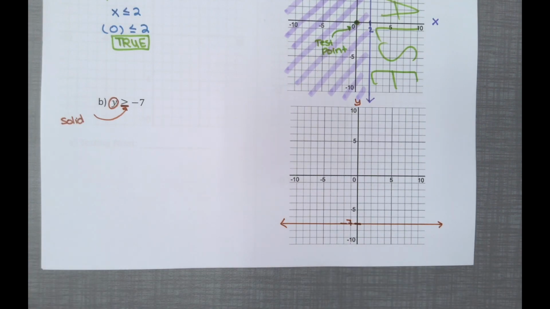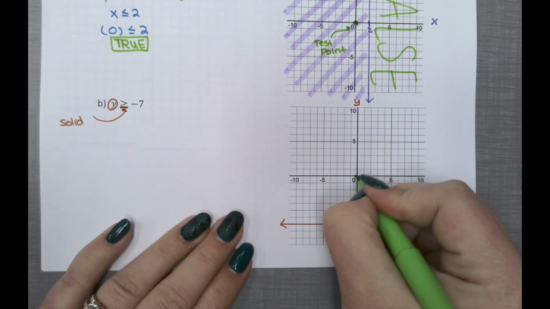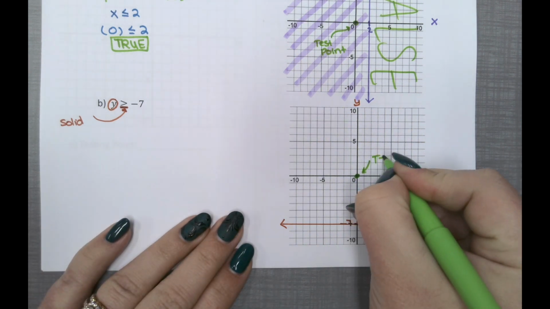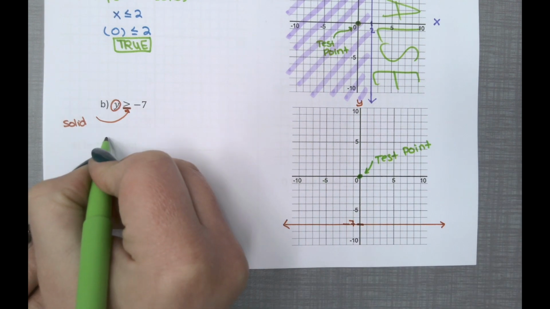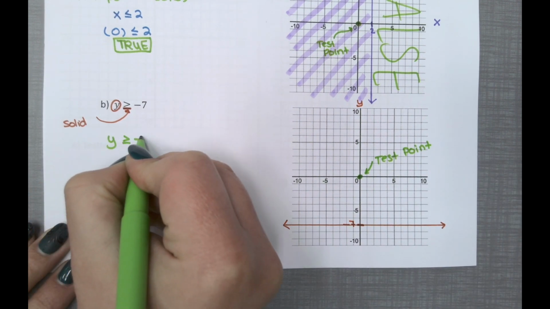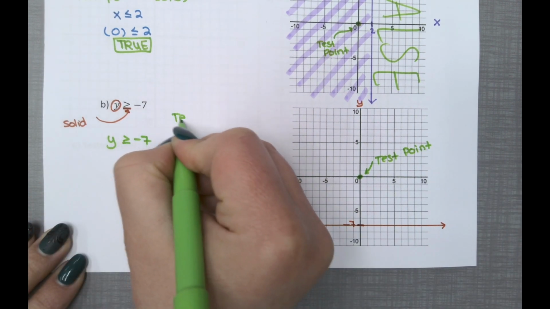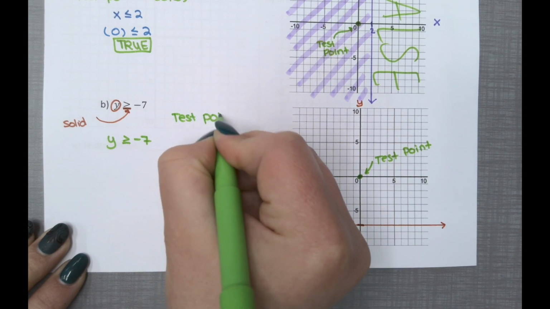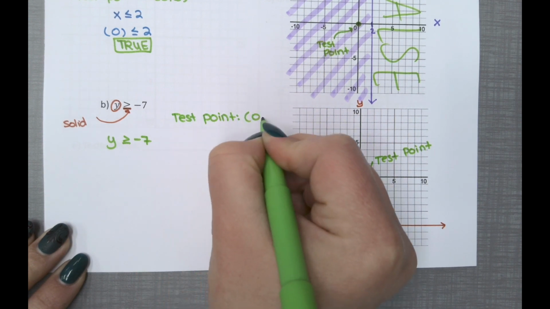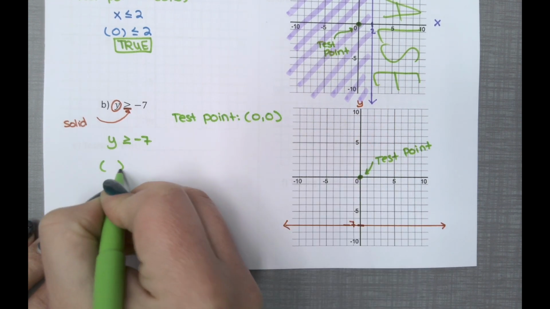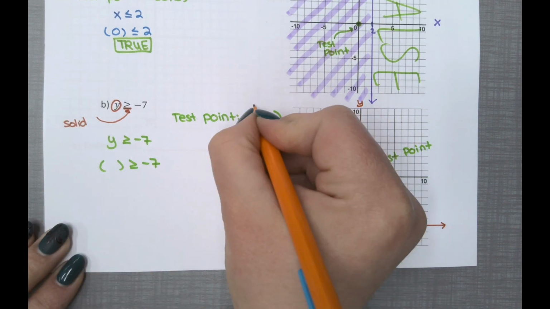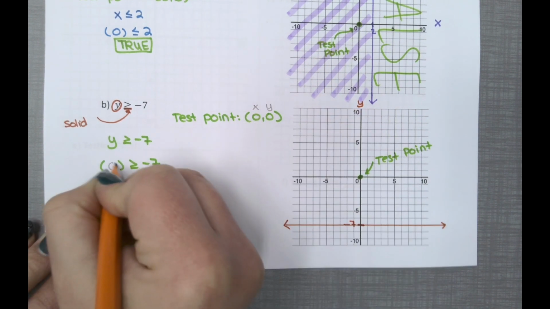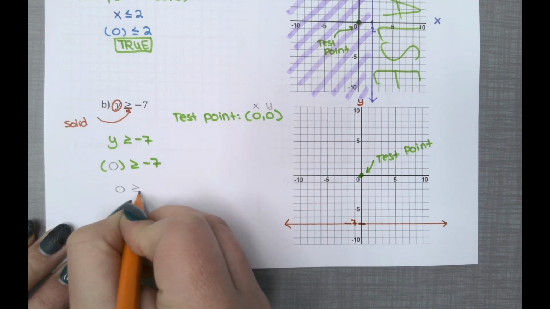Now again, we need a testing point. I like to choose (0, 0), so here's my testing point. Once again, I'm going to copy this down. Let's write out our testing point, I forgot. Test point is (0, 0). Open up for y, label your point x and y, and then put in the y value. So 0 is greater than or equal to -7.